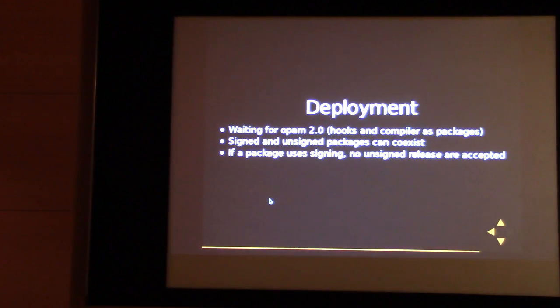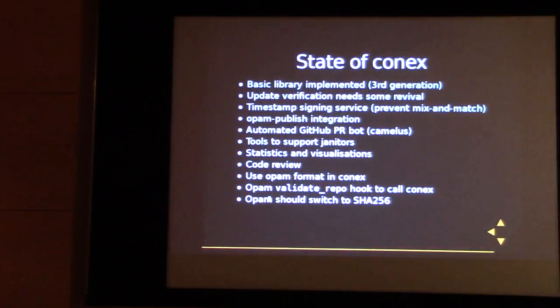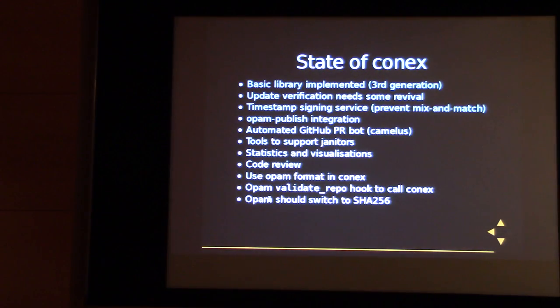The deployment is a question of having OPAM 2.0 released in order to get some validation hook and compilers as packages. We can have coexisting packages which are signed and which are unsigned. And if a package uses signing, so if we have an authorization and releases, then no unsigned releases will be accepted. The status: we have the basic library implemented in a version where we are both happy with that.